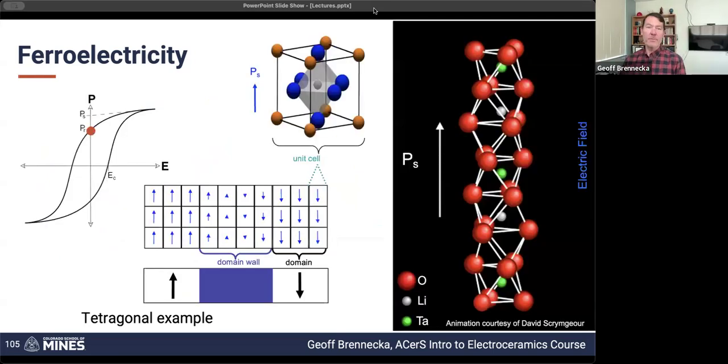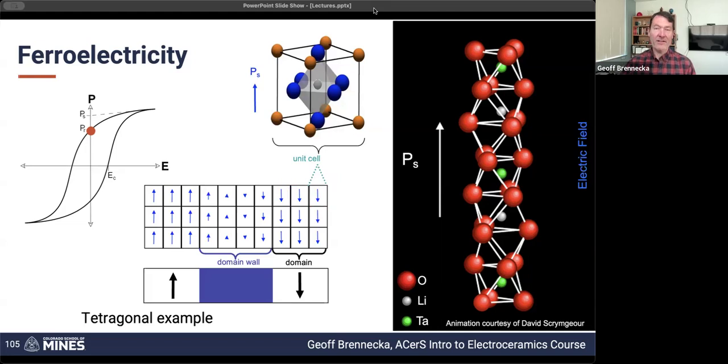If we start to build these up, even if we have a single crystal or a polycrystalline ceramic, each unit cell is sitting next to another one, next to another.